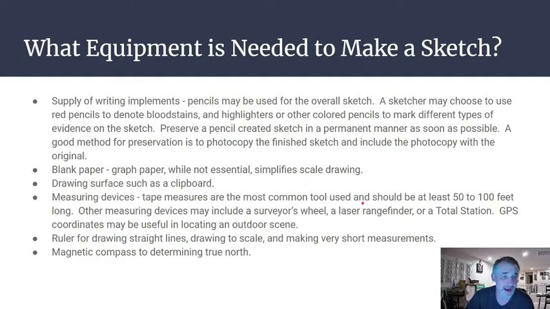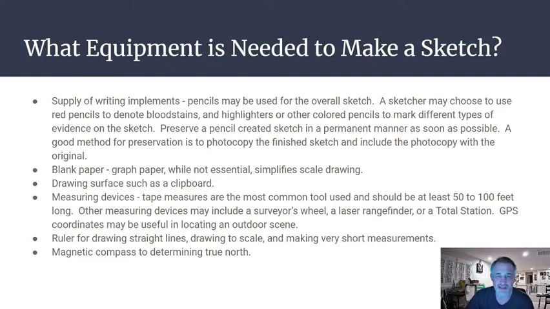You'll need blank paper or graph paper. While it's not essential, it does simplify some of the scale drawing. You'll need drawing surfaces such as a clipboard or a desk or some other surface that you can draw on. If you're at the scene doing your rough sketch, you're going to want to have something mobile so you can sketch while you're moving around and taking measurements. Measuring device: tape measures are the most common tool used and should be at least 50 to 100 feet.